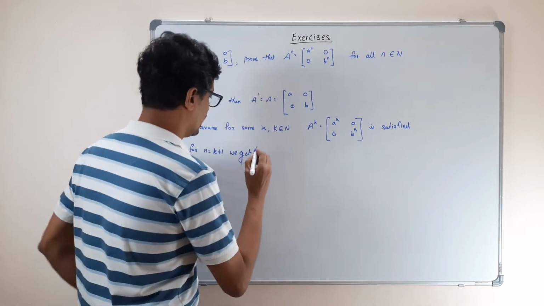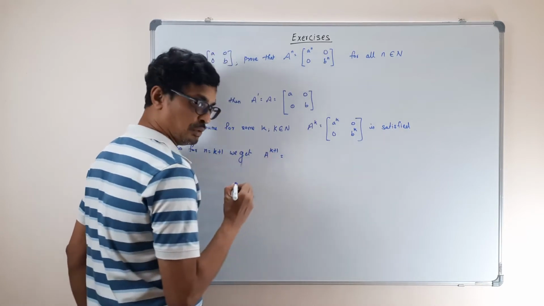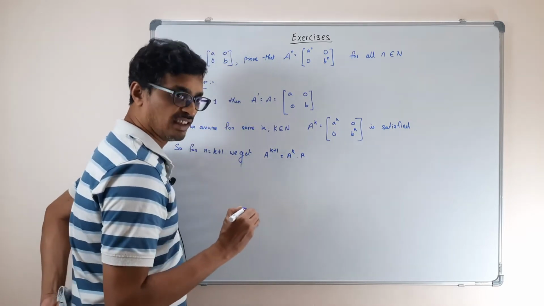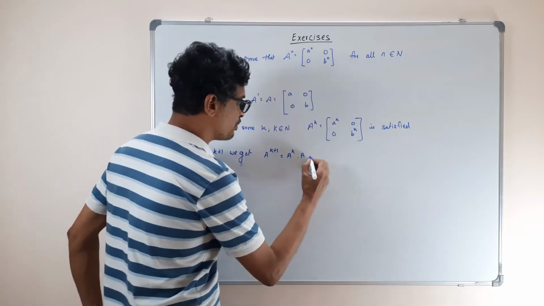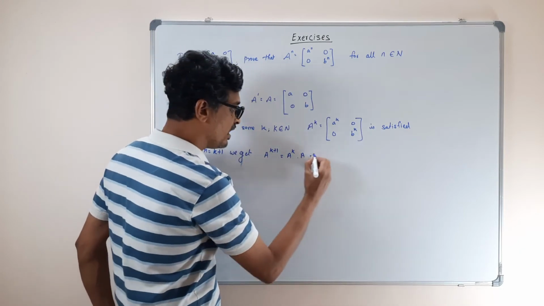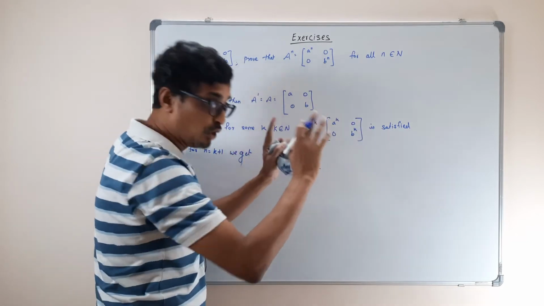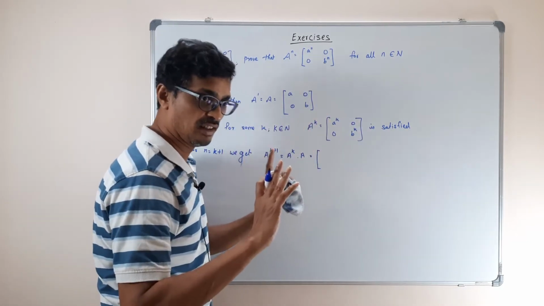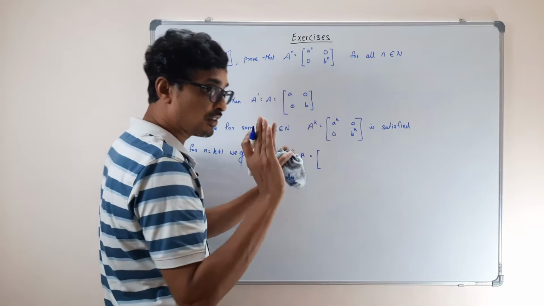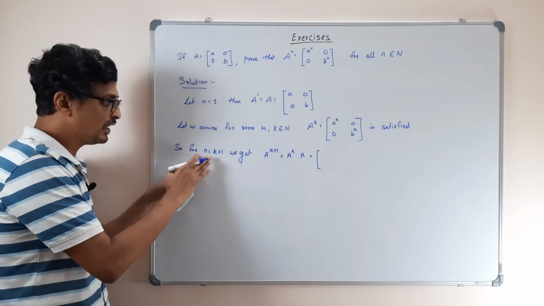We get A to the power of k plus 1 is equal to A to the power of k into A. Am I right? So now let us write, what is A power k? We already assumed for k that this is satisfied. We don't know what k is. For some k it is satisfied, but it is not assured. So if I do k plus 1, will it be satisfied or not? I don't know. So let us try to find out for k plus 1.